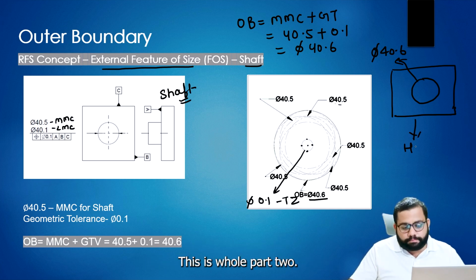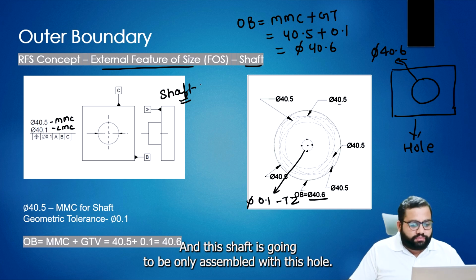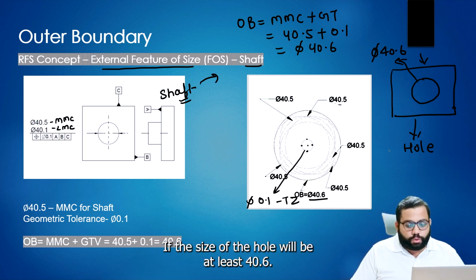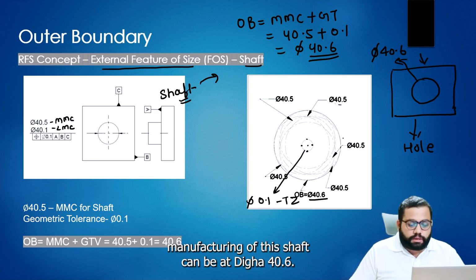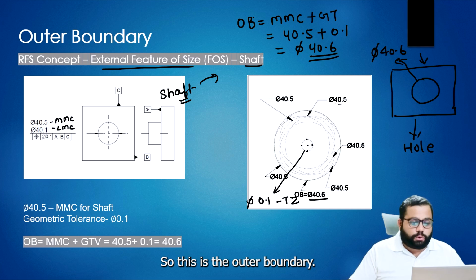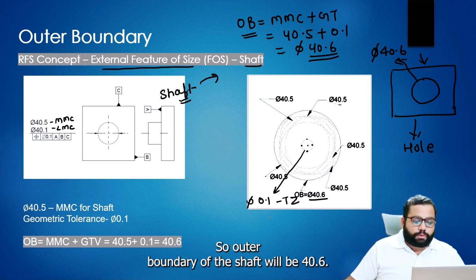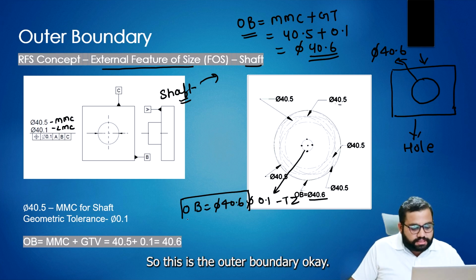This is hole, part 2, and the shaft can only be assembled with this hole if the size of the hole is at least 40.6, because the extreme manufacturing of this shaft can be at diameter 40.6. So this is the outer boundary, 40.6.